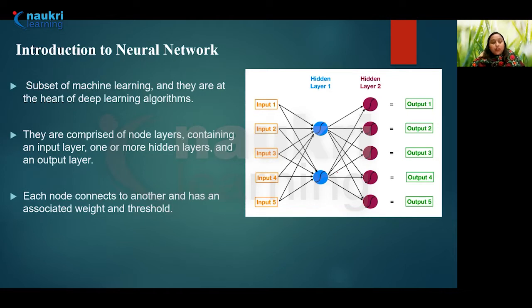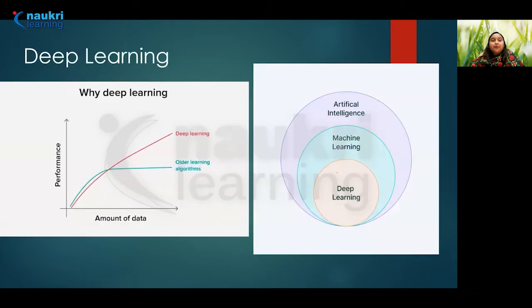If the output of any individual node is above the specific threshold value, the node is activated, sending data to the next layer of the network. Otherwise, no data will be passed from one layer to another if the neuron is not firing. So this is the basic structure, and we are going to go into detail for CNN.